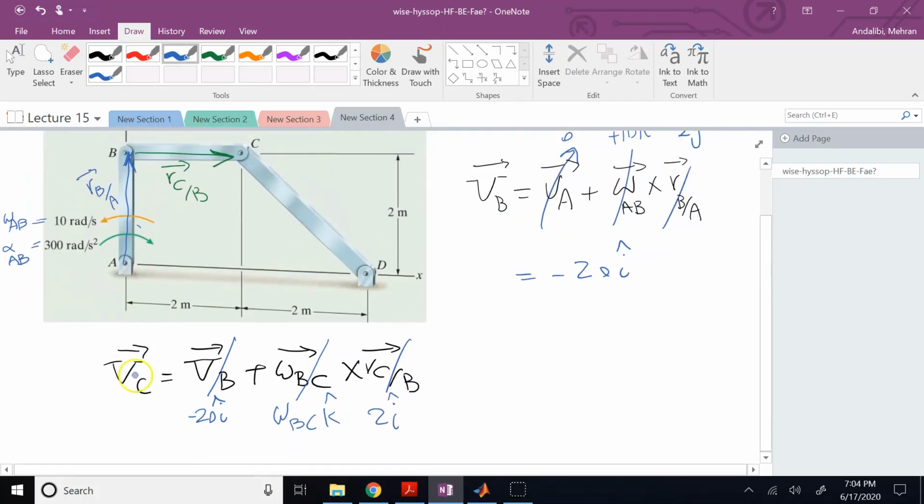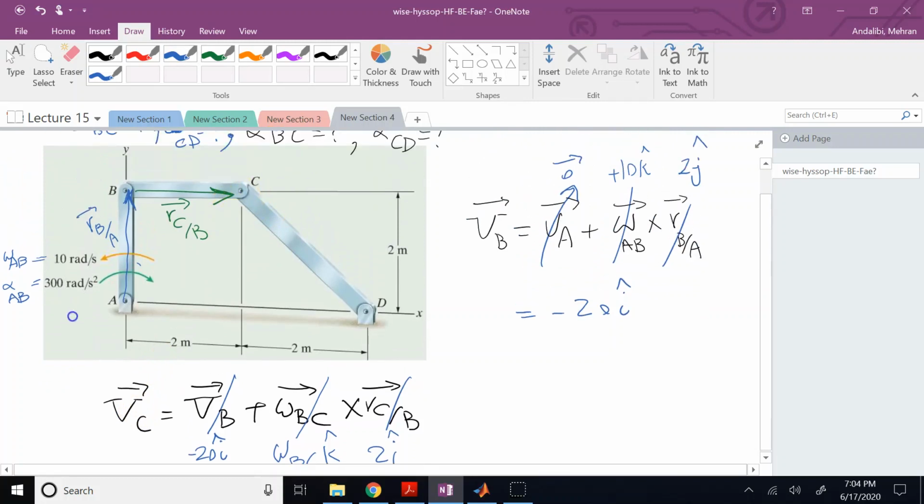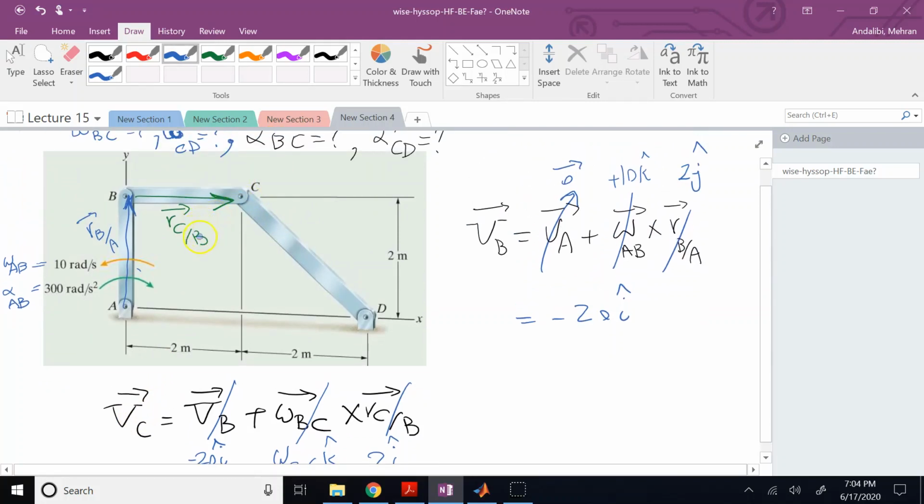What do I know about V of C? Nothing. I don't know its magnitude, and I can only find something about its direction. We know C is rotating about D, so its velocity should be perpendicular to CD.